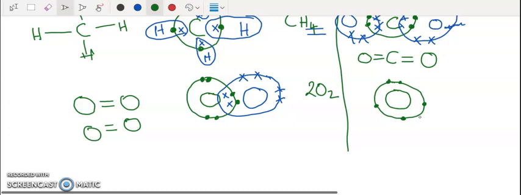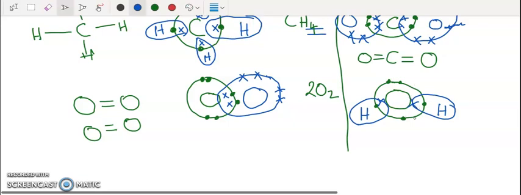Now the reason why I'm drawing it like this is because the hydrogen is going to come towards this side. Hydrogen is going to come with its 1 electron here, and the other hydrogen is going to come with its other electron, which is here.